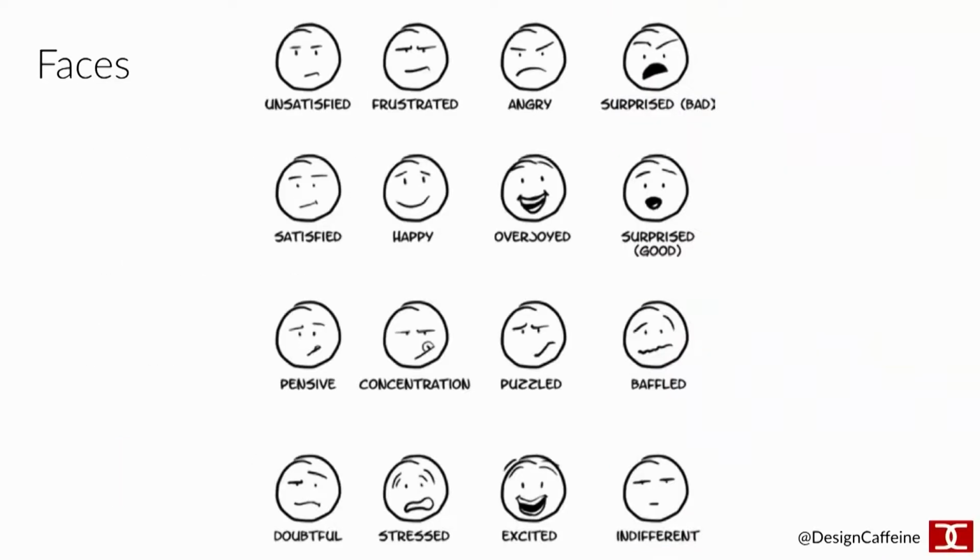And this next screenshot comes from that book. As you can see, there's some really basic faces in here, but there are also some more interesting ones. For example, being able to tell when somebody is surprised in a good way or surprised in a bad way. If you can do that, then you're kind of achieving this next level of mastery. And the way that Kevin has done this is through the use of eyebrows.